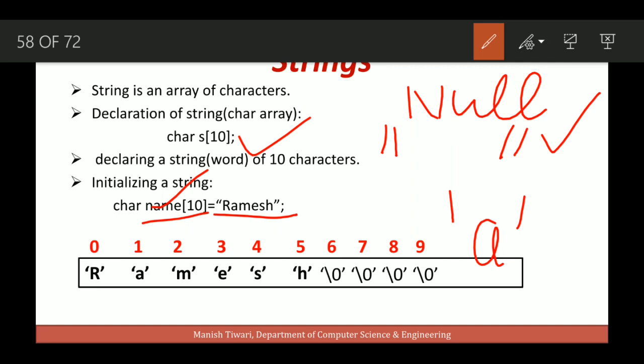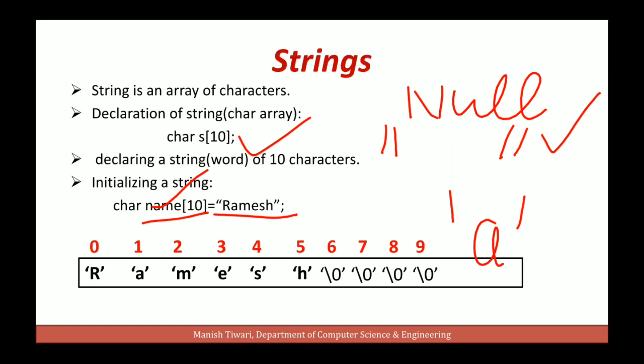So a string in C will always be terminated with a null character. A name may have any number of characters. A name may have 6 characters, 7 characters, 8 characters, and this name here is of size 10, that means it may have 10 characters.